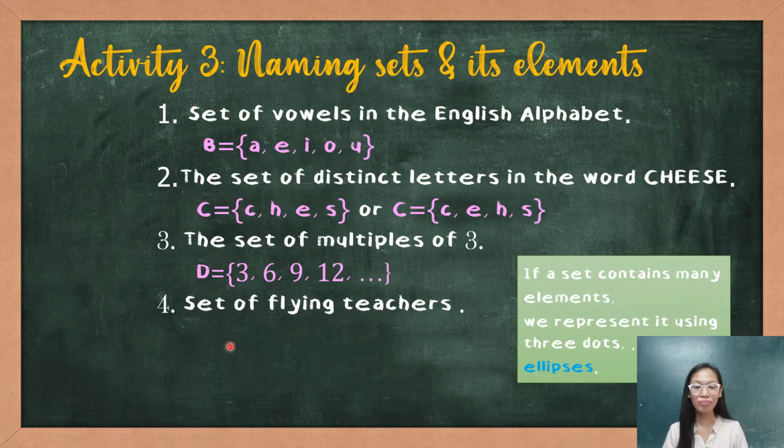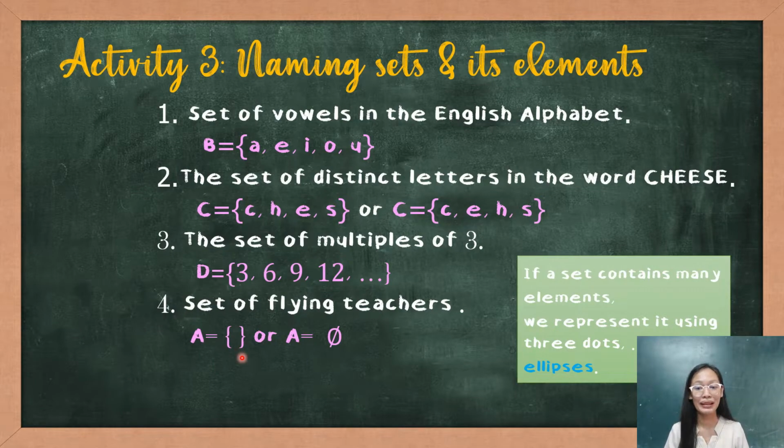Next, on number 4, we have the set of flying teachers. Naku, meron bang ganon? Hindi pa naman ako lumilipad. Paano natin yun papangalanan yung elements ng set na ito? Okay, since wala tayong kilalang guro na lumilipad, this is an empty set.